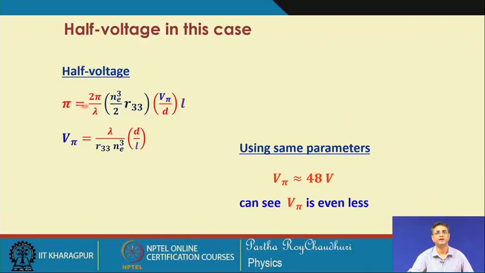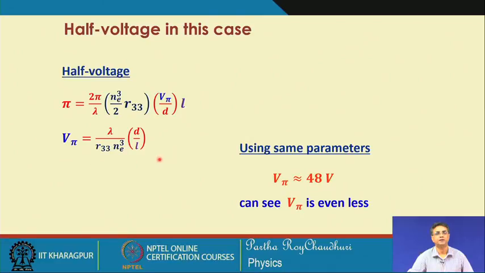So, for the half wave voltage in this case, if you plug in the numbers, because you have only R33 and there is nothing to be subtracted from here, this value is more, and V pi by d we can write in this equation.